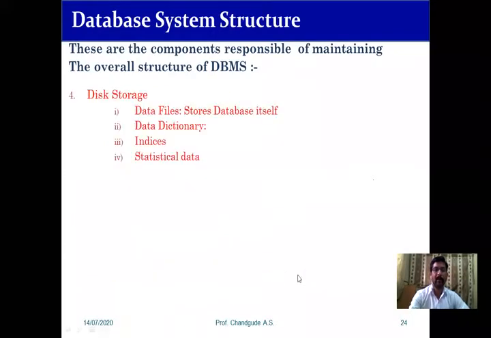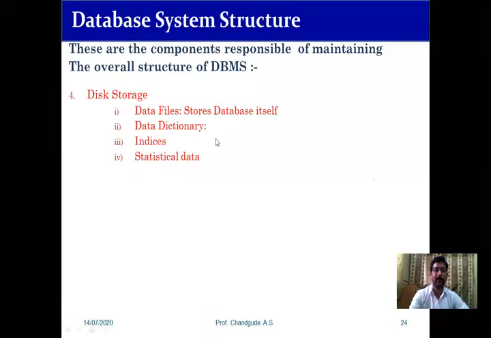And the fourth module of the database system structure is the disk storage. This module contains the data files, and data files are used to store the database itself. The second is the data dictionary. The third is indices.